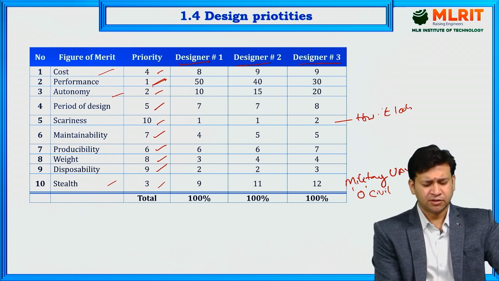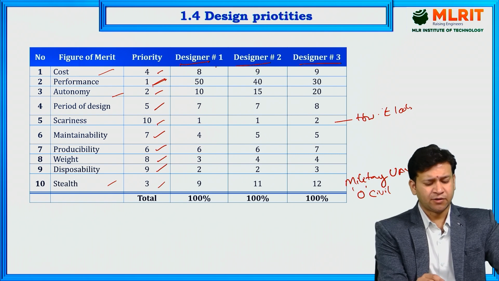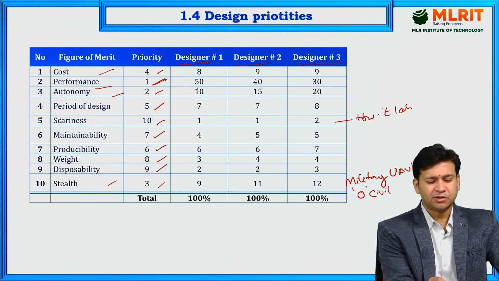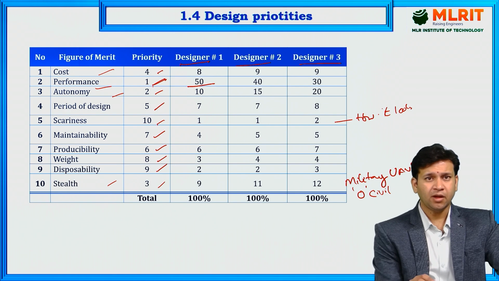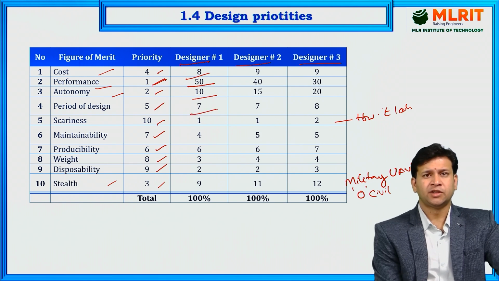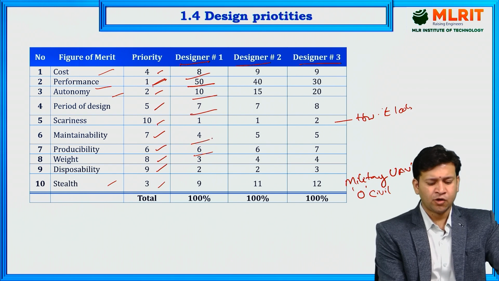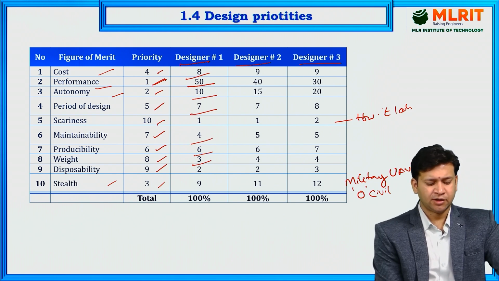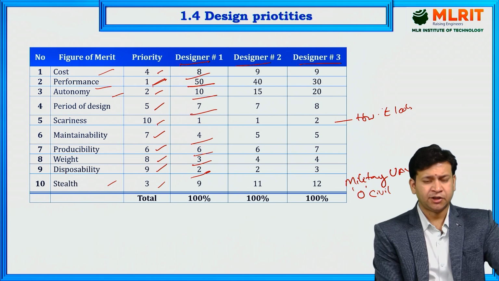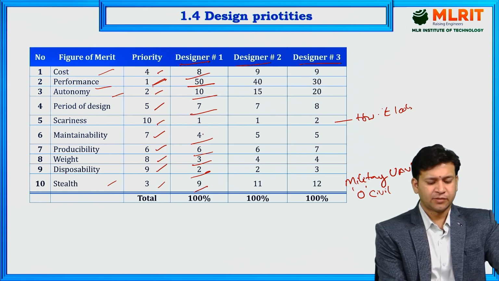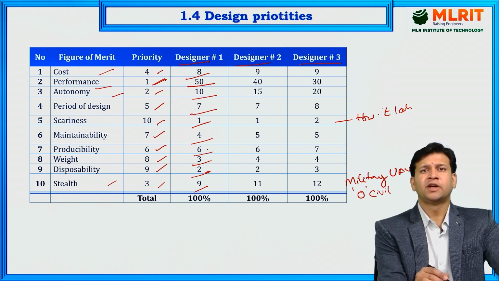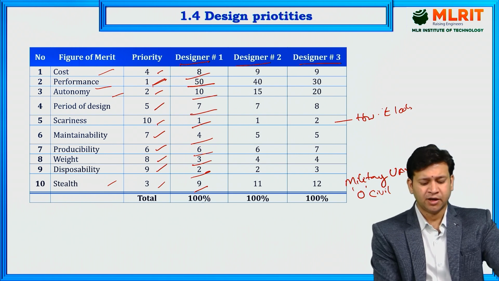If we take designer 1, he has given preference for performance 50%, 10% to autonomy, then 8% to cost, 7% to period of design, 6% to producibility, 4% to maintainability, 3% to weight, disposability 2, stealth 9, and scariness 1. So, the sum of these percentages should be 100%.